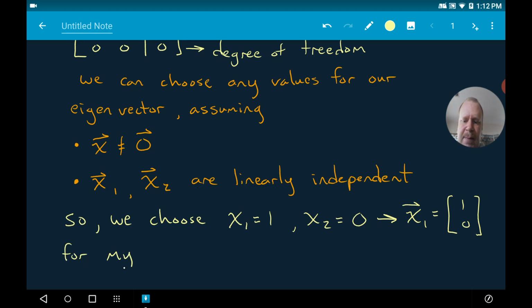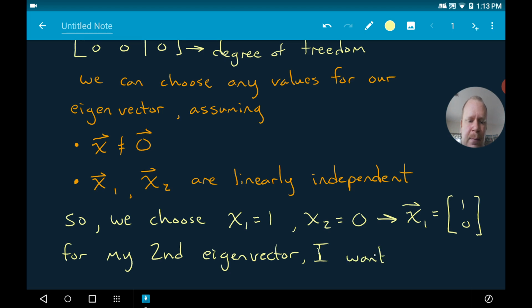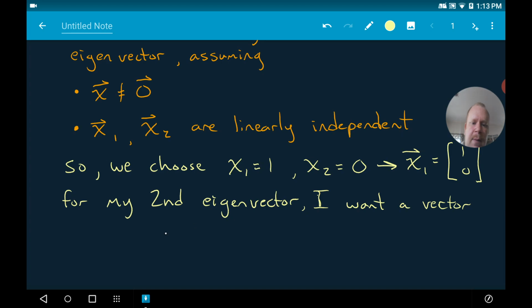For my second eigenvector, I want a vector that is linearly independent from my first eigenvector.